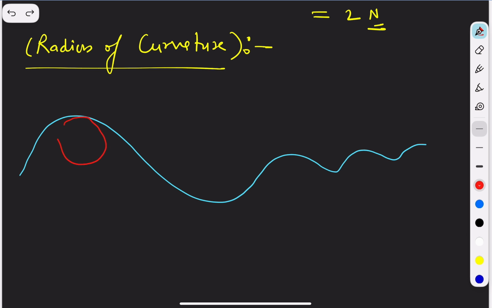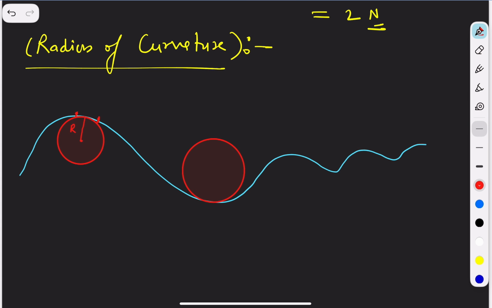If you see, this part of the curve is completely lying on this circle of this radius, let's say r. In a similar fashion, here also, if I draw a circle and try to fit it, let me move this so that I can show you.